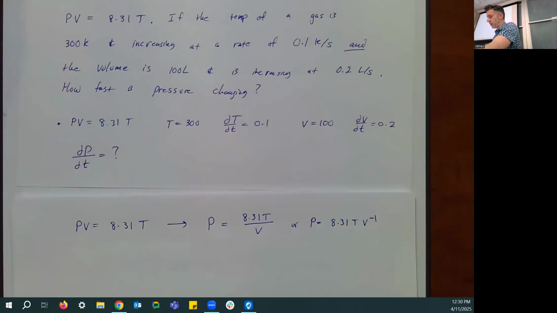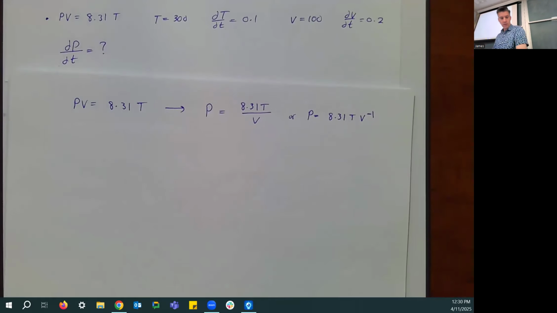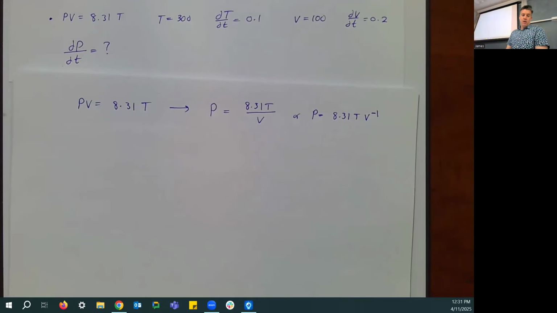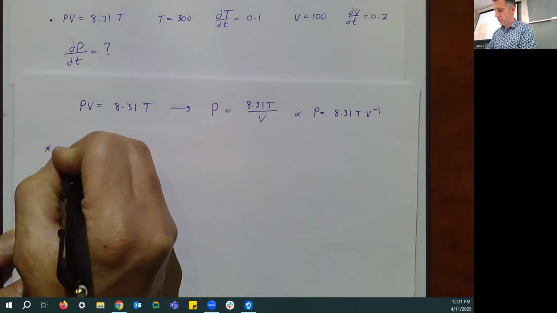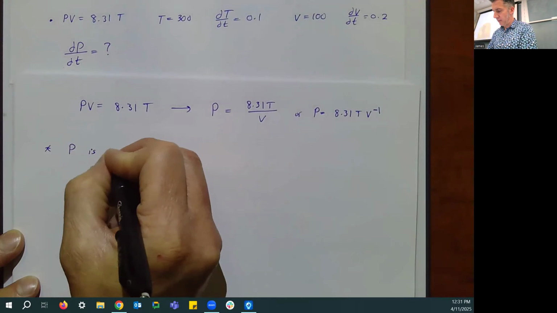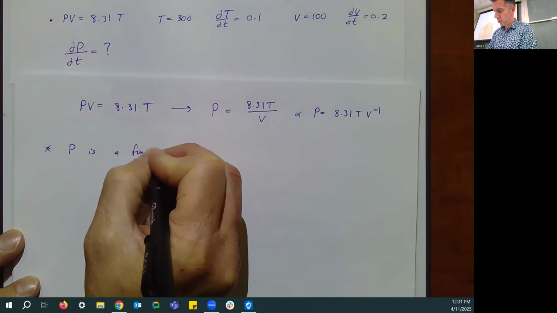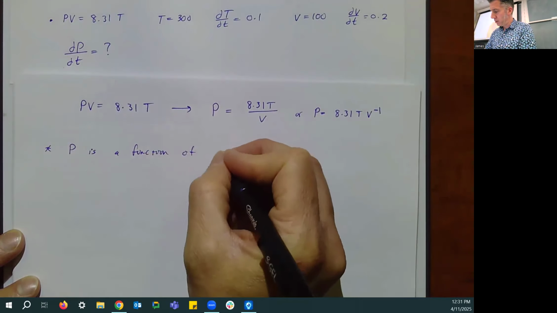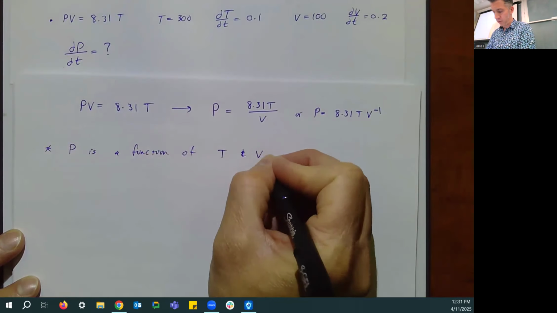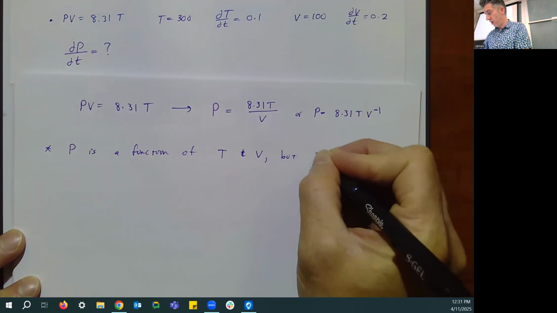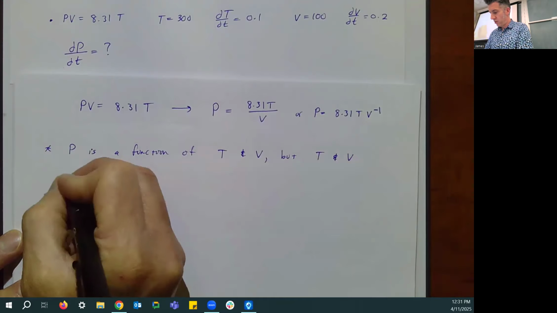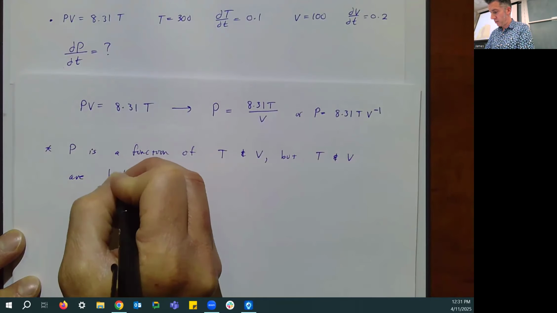Seems like a better way to go. So a couple things. Pressure is a function of both temperature and volume. But both of those, temperature and volume, are functions of time.